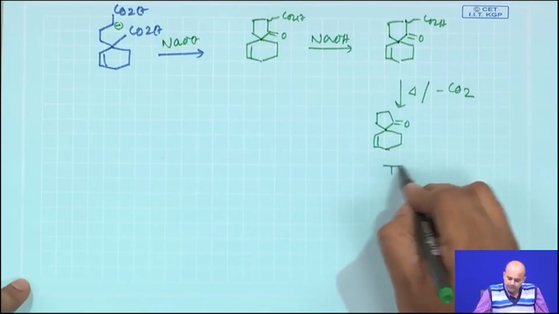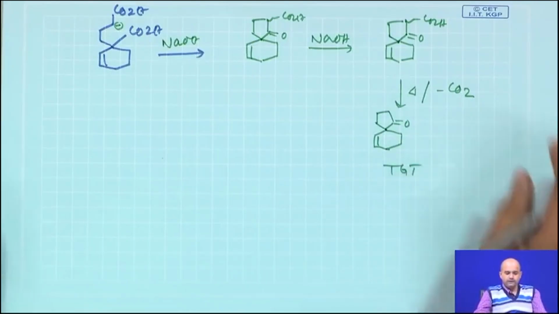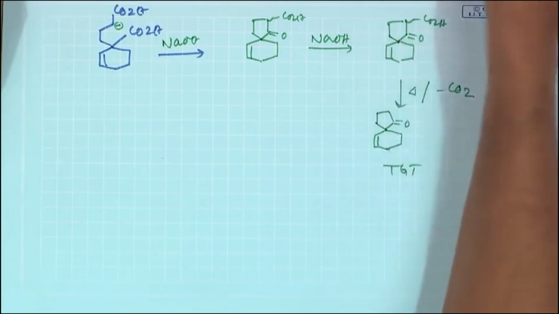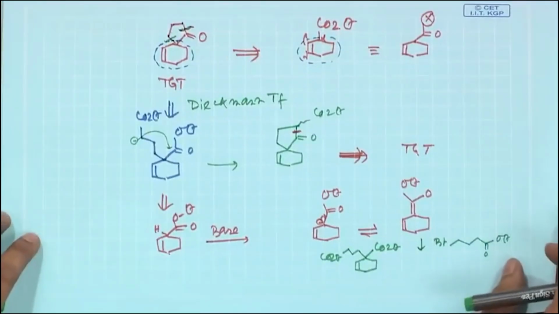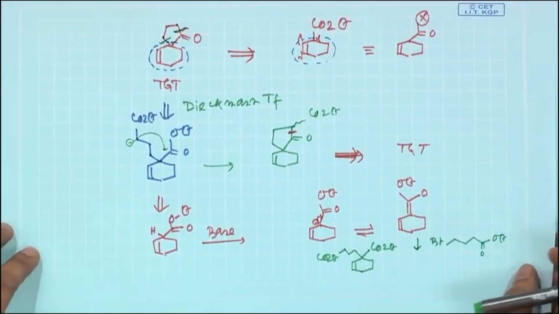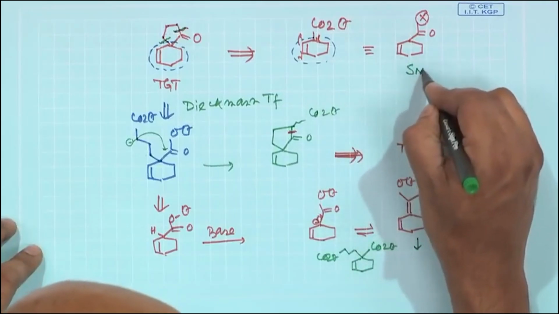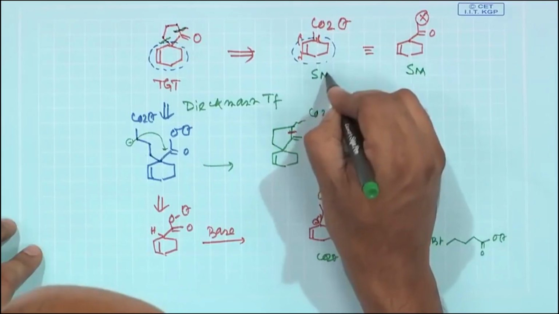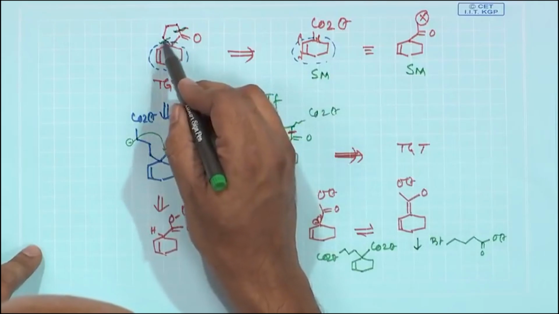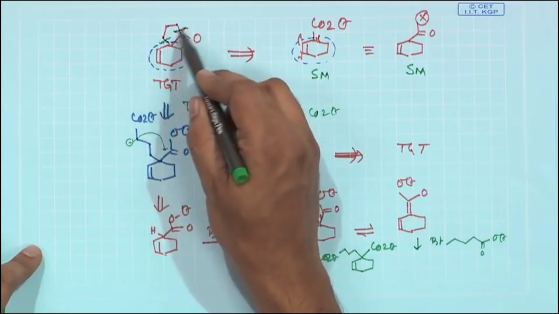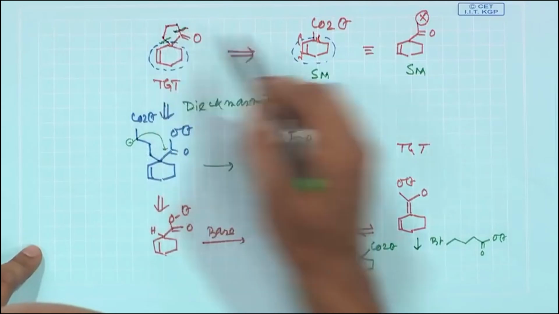are looking for. So, eventually if you see the whole target and try to correlate with this particular starting material, you will find that this involves basically 2 bond making. You are making a new carbon carbon bond here, you are making a new carbon carbon bond here. This part was given to you.